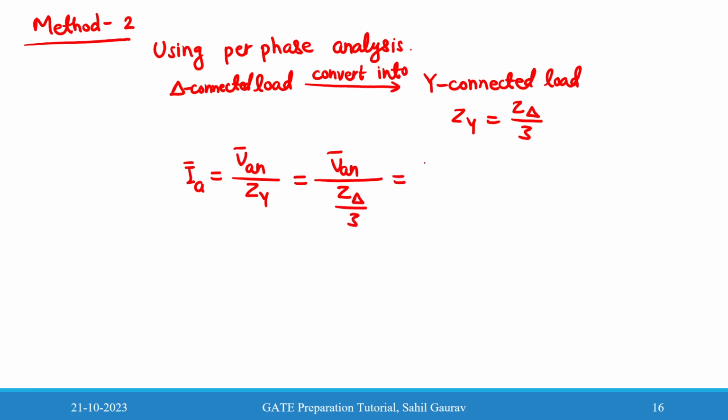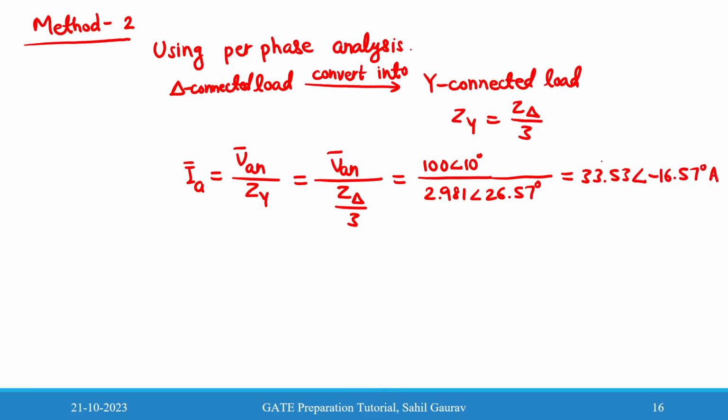So it will be 100 at the angle of 10 degree divided by 2.981 at the angle of 26.57 degree. So it will come out as 33.53 at the angle of minus 16.57 degree ampere.